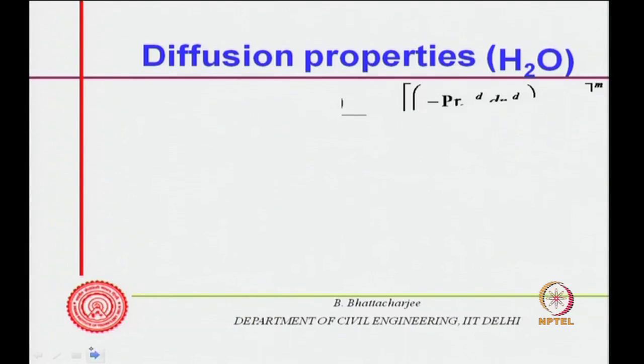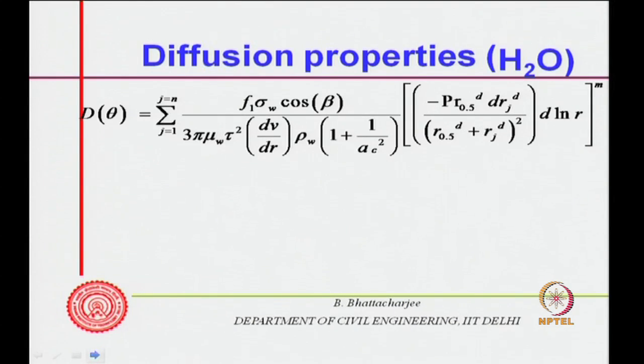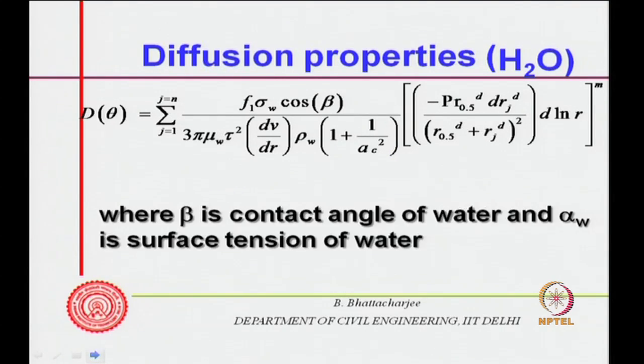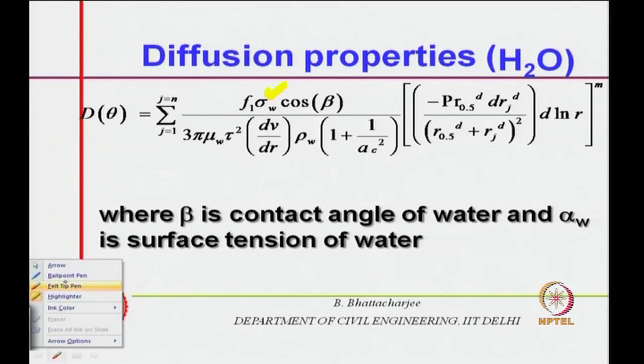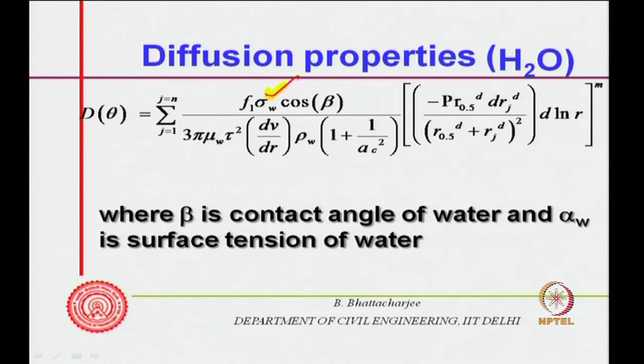Similarly, this hydraulic diffusivity can be expressed in the similar manner from pore size distribution using this equation. All the things are same, except that here this is the surface tension property, surface tension properties of water, and F1 relates to aspect ratio.